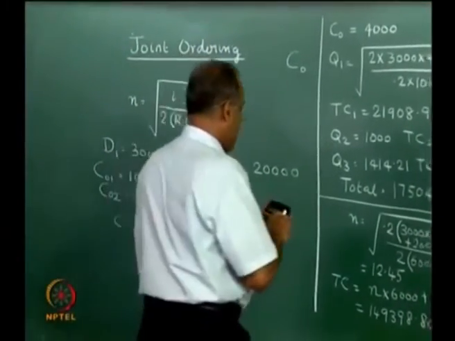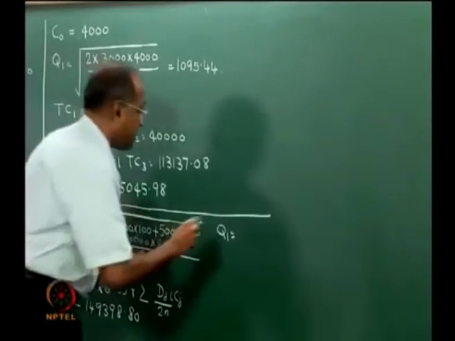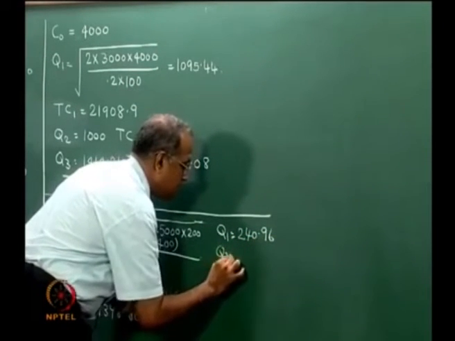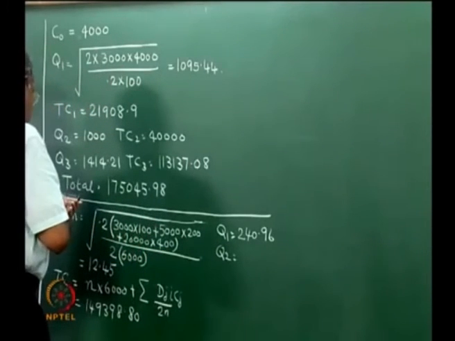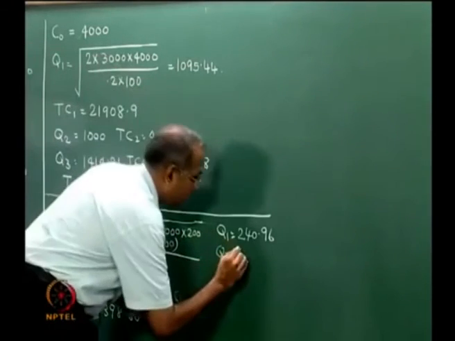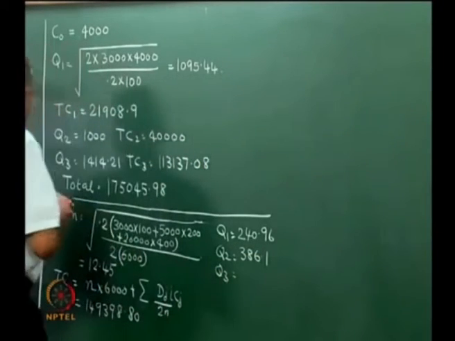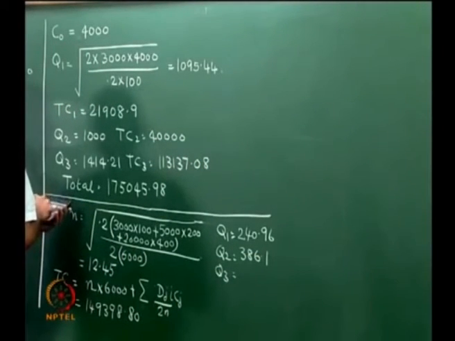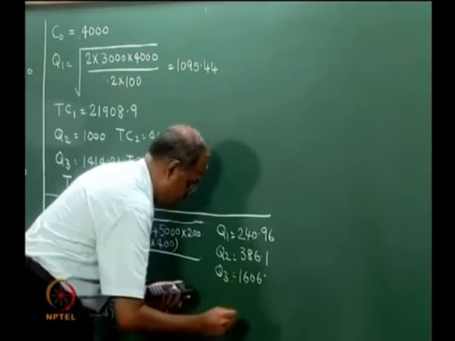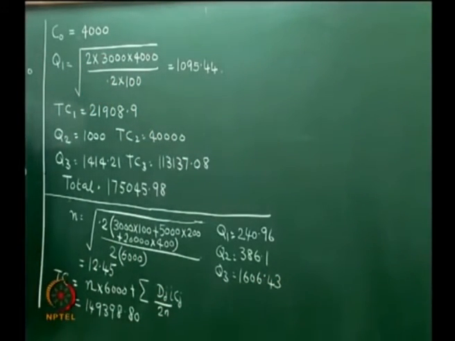So, the order quantity Q1 becomes 240.96, Q2 becomes 386.1 and Q3 becomes 1606.43, and all of them have 12.45 orders.